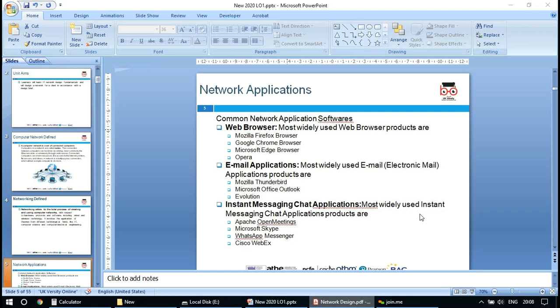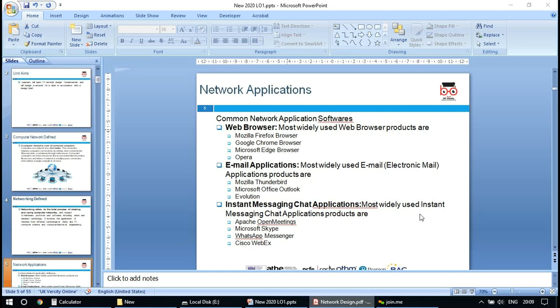So what are the network applications? Over the network, when the computers are networked and you have got resources shared, then you can have different types of applications.